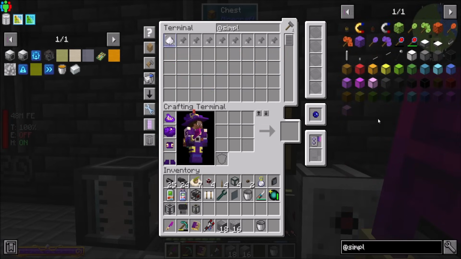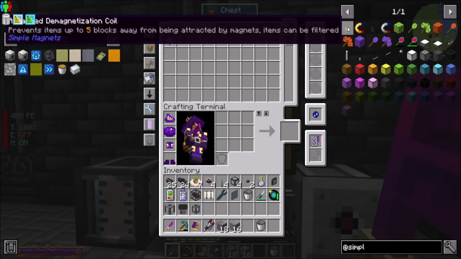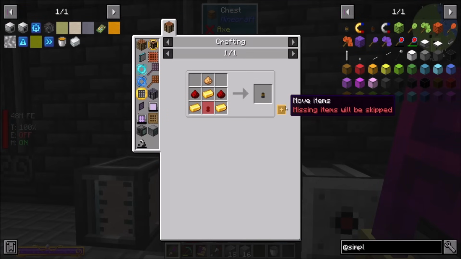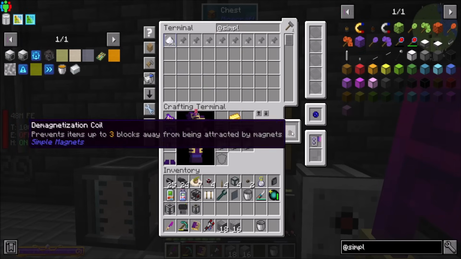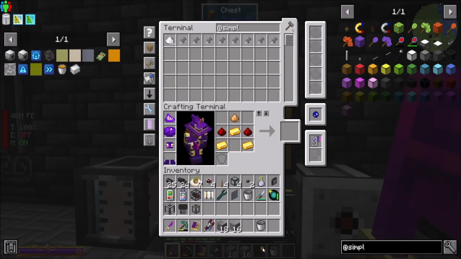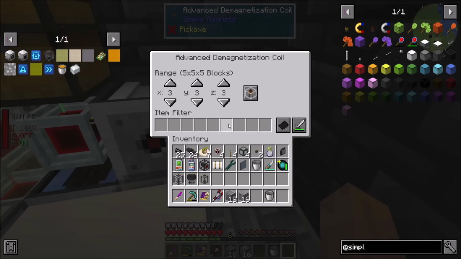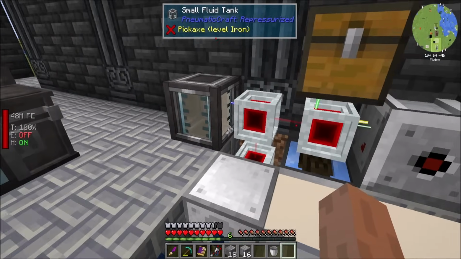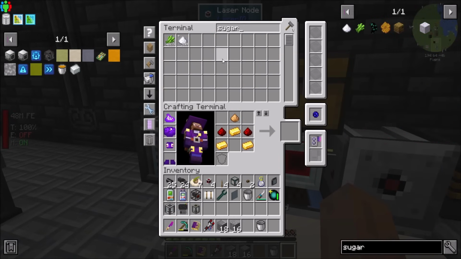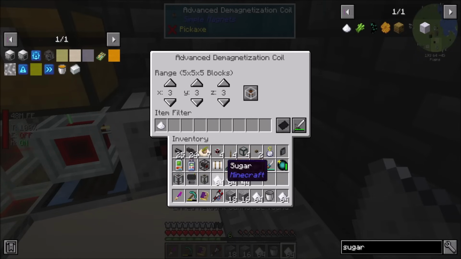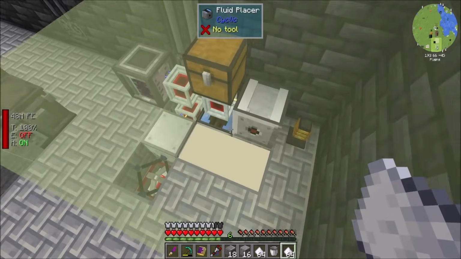And from Simply Magnets, isn't there like a magnet? Prevents items up to 5 blocks away from being attracted by magnets and can be filtered. Yeah, let's do one of these. So if I'm not mistaken, we put sugar in here. That's cool.